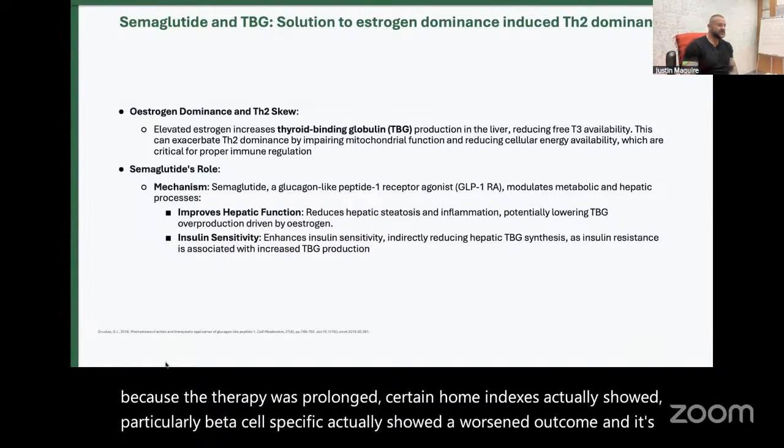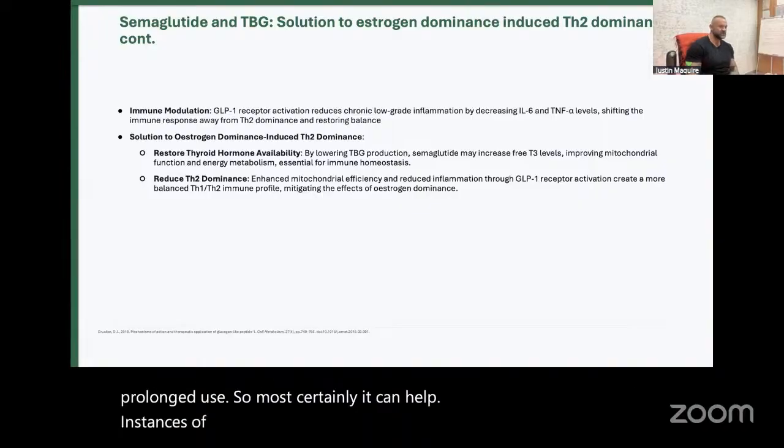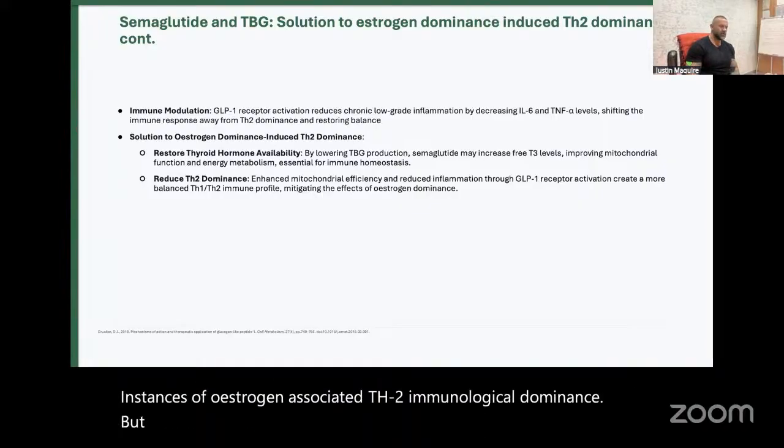So most certainly it can help instances of estrogen-associated Th2 immunological dominance, but its duration is contextual and does require ongoing vigilance into the diagnostic outcomes.